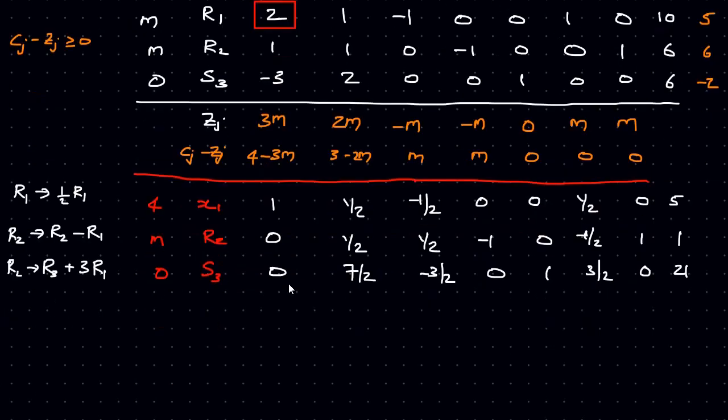Then we can calculate zj, and first we calculate zj and then we calculate cj minus zj.